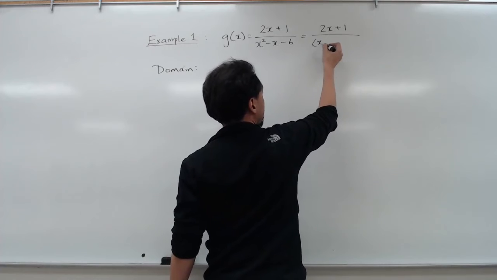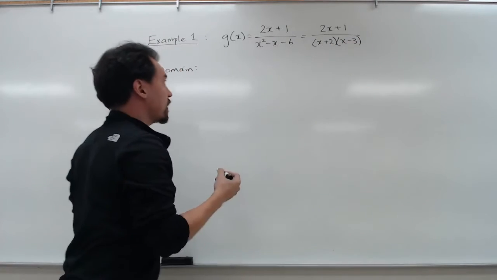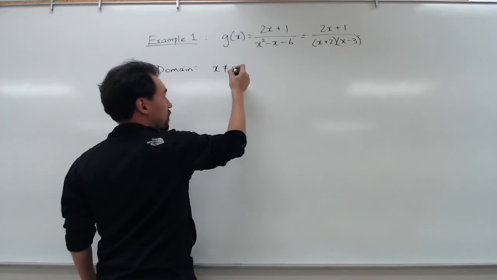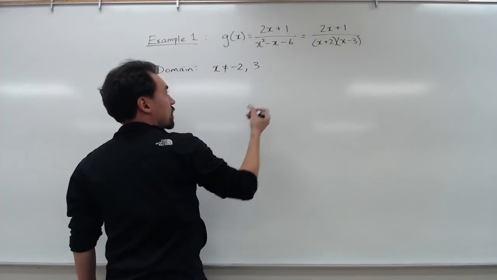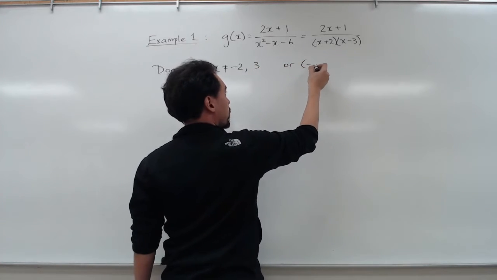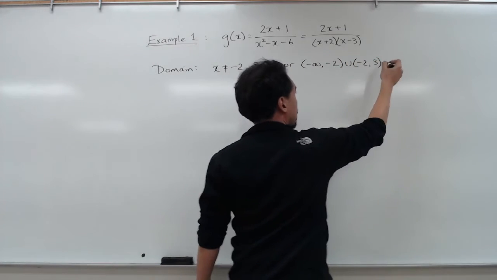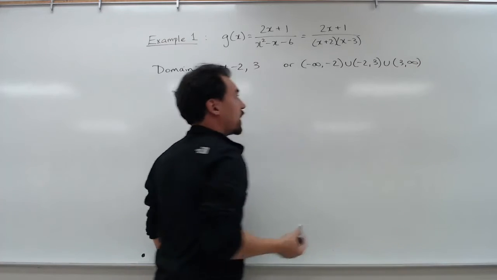So we factor this and we get x plus 2, x minus 3. So that tells us that x cannot equal negative 2 because that would be 0. And x cannot equal 3 because that would be 0. So then we can write this in interval notation like this, because we're saying every number except for negative 2 and 3.